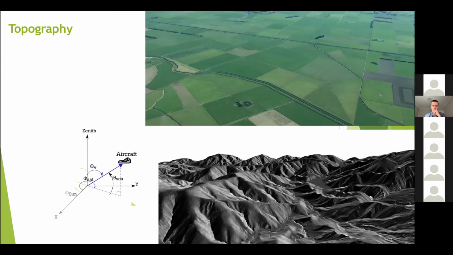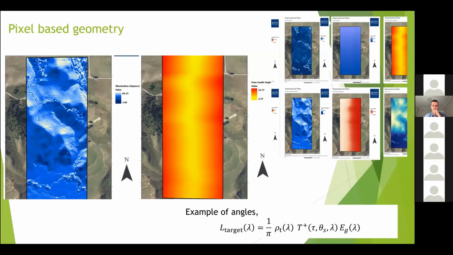So in this case, we account for geometry at a pixel scale. What is the sensor view geometry at pixel scale, and also the sun geometry at pixel scale? We calculate these and include them in the atmospheric correction process. We generate all the geometry at pixel scale and include this information in the metadata.